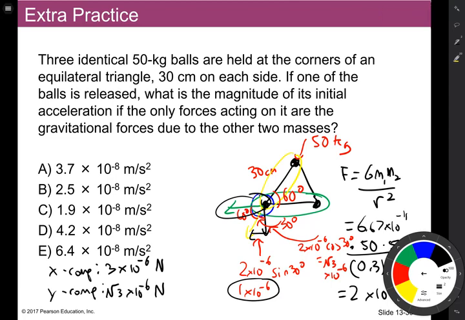Then we need to put these components together using the Pythagorean theorem. And I'm running out of space on this page very rapidly, so I'm just going to kind of draw an arrow and not actually do the math. Right, we square both and add them up. And then take the square root.